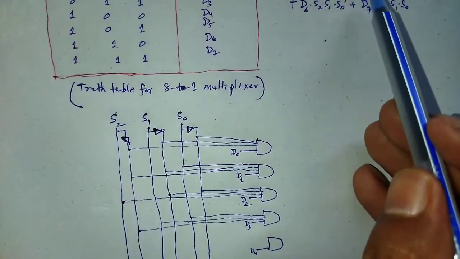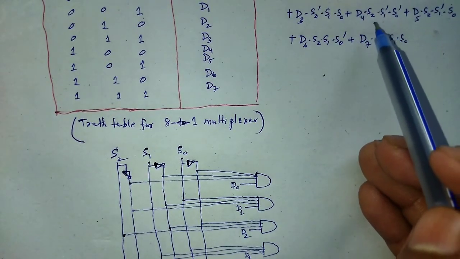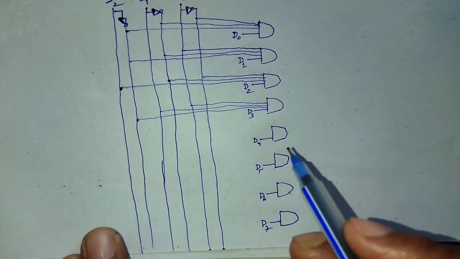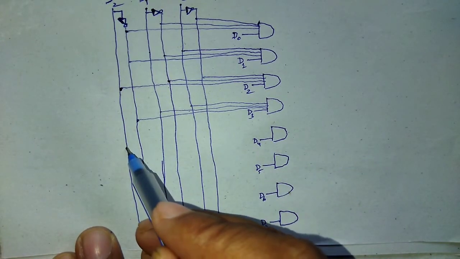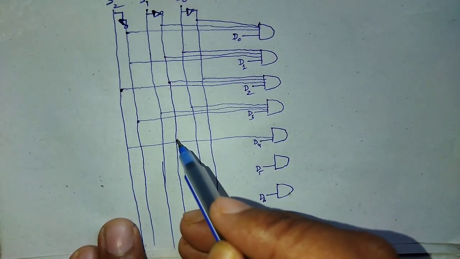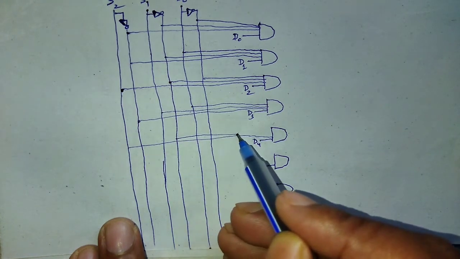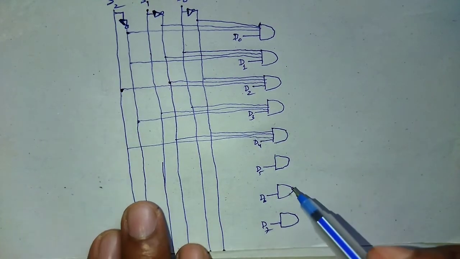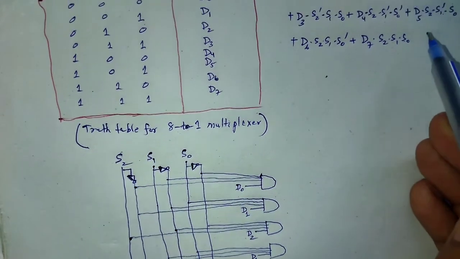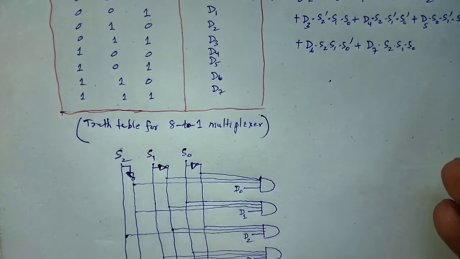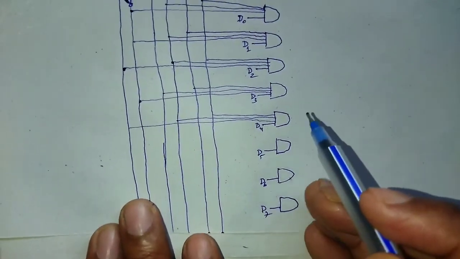Next, D4 S2, S1 dash, S0 dash. For D5 S2, S1 dash, S0.